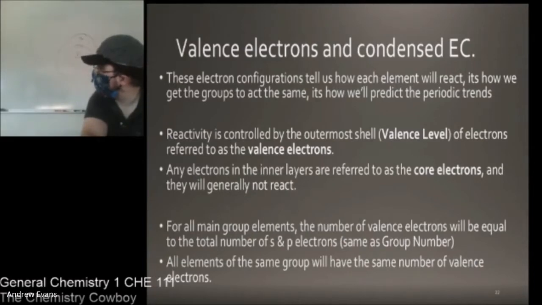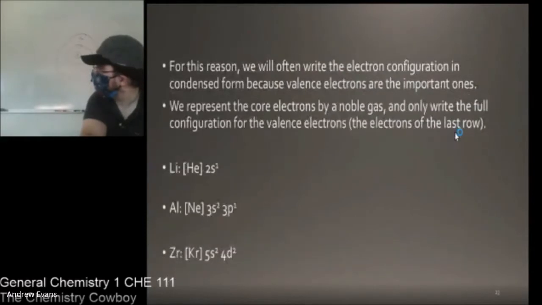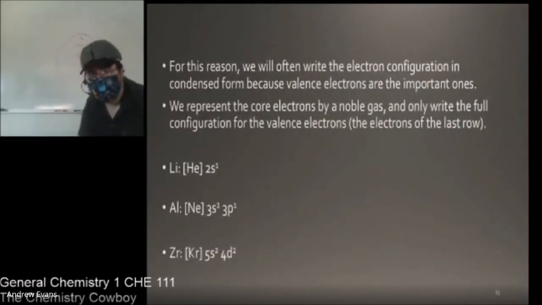We're going to do that by essentially abbreviating with the noble gas configuration from the row above. Noble gases by nature really don't like to react. They have a filled row, a filled orbital.